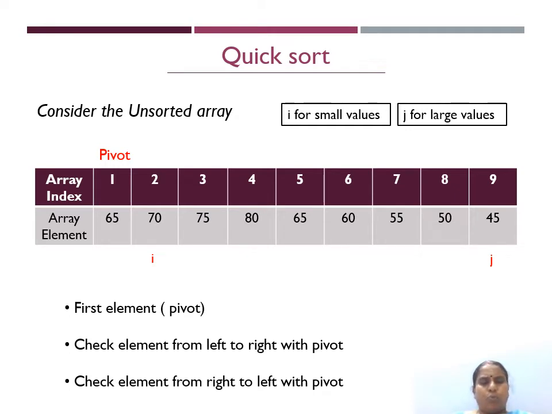I always moves from left to right, and J always moves from right to left. We check the elements from left to right with the pivot for the I pointer, and from right to left with the pivot for the J pointer.